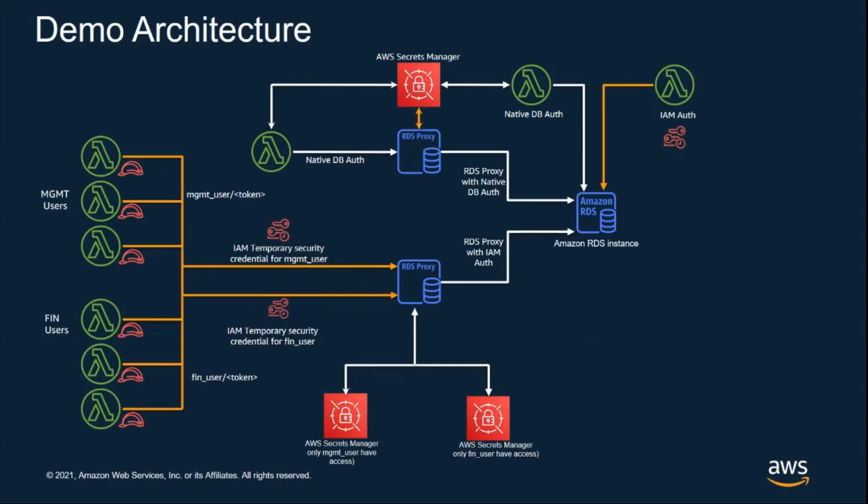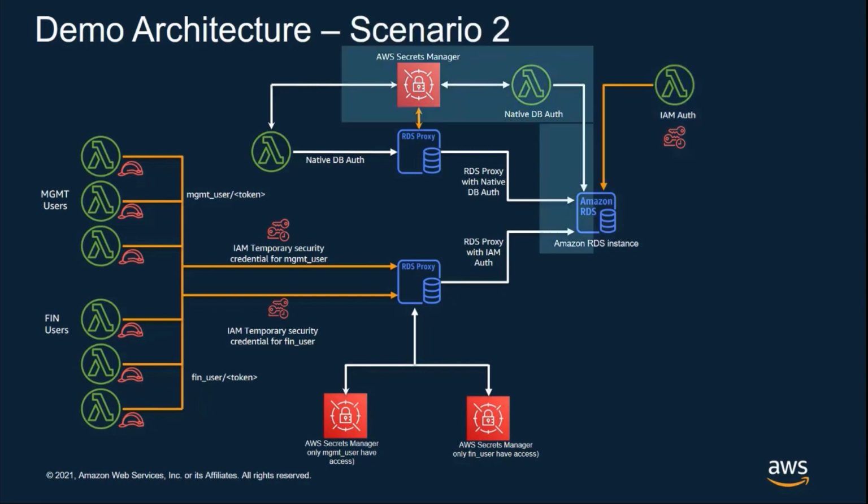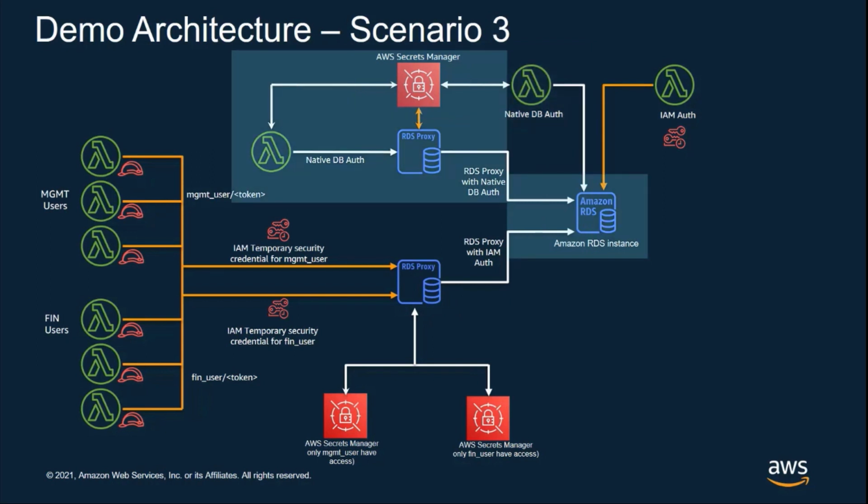So if you have to explain this with diagrams, here is the high level picture. You have 4 different scenarios. The first one is IAM authentication with the Lambda and then directly accessing the database. Second is a native authentication, retrieving the password from the secrets manager and connecting to the database. Third one is the secrets manager getting the password and connecting to the database through the RDS proxy.